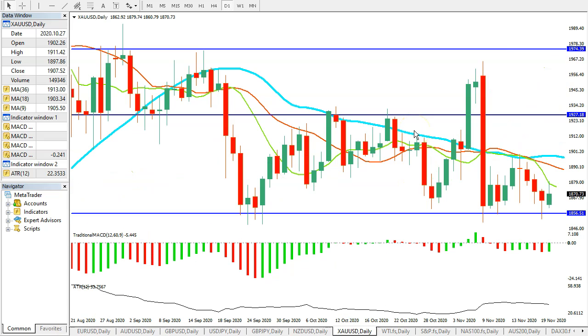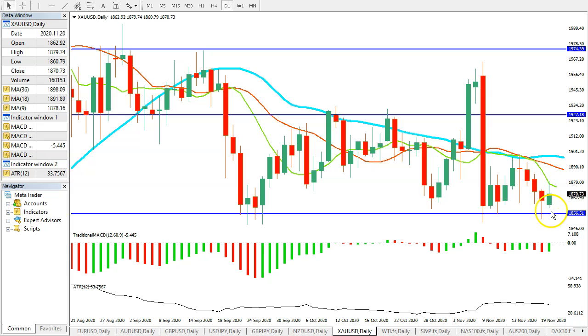Looking at the gold chart, the price has found strong resistance here on this very significant level. So the trend is down, and we will be looking for a potential reversal, but we do not have an end of trend indication yet, because the price hasn't made a divergence with the MACD.